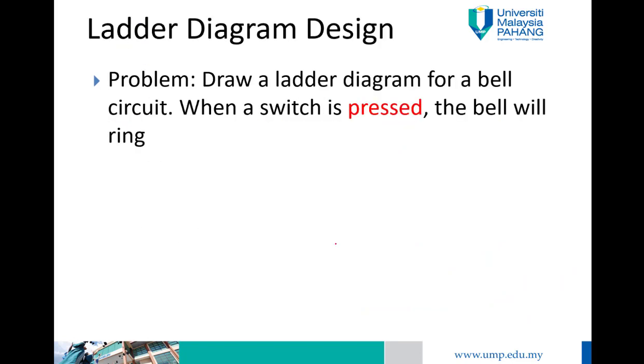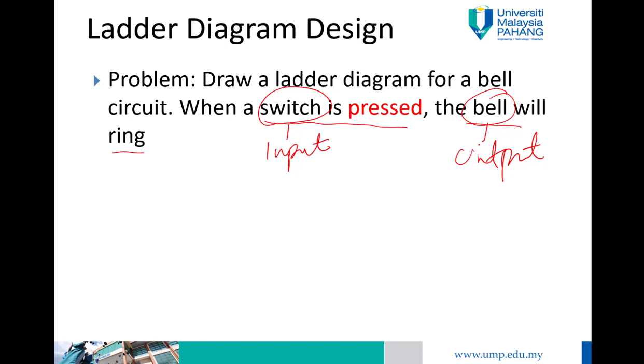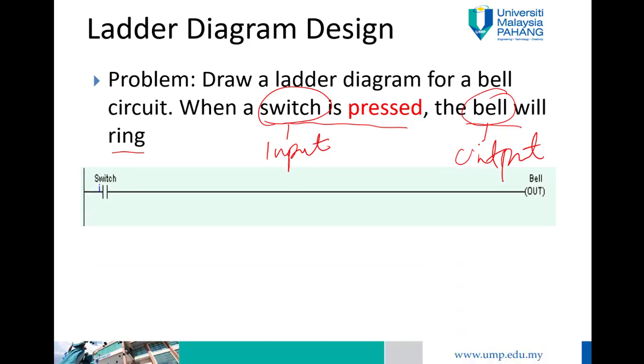Then the ladder diagram design. Draw a ladder diagram for a bell circuit. When a switch is pressed, the bell will ring. So now the switch is the input, and the output is the bell. So this is the circuit.